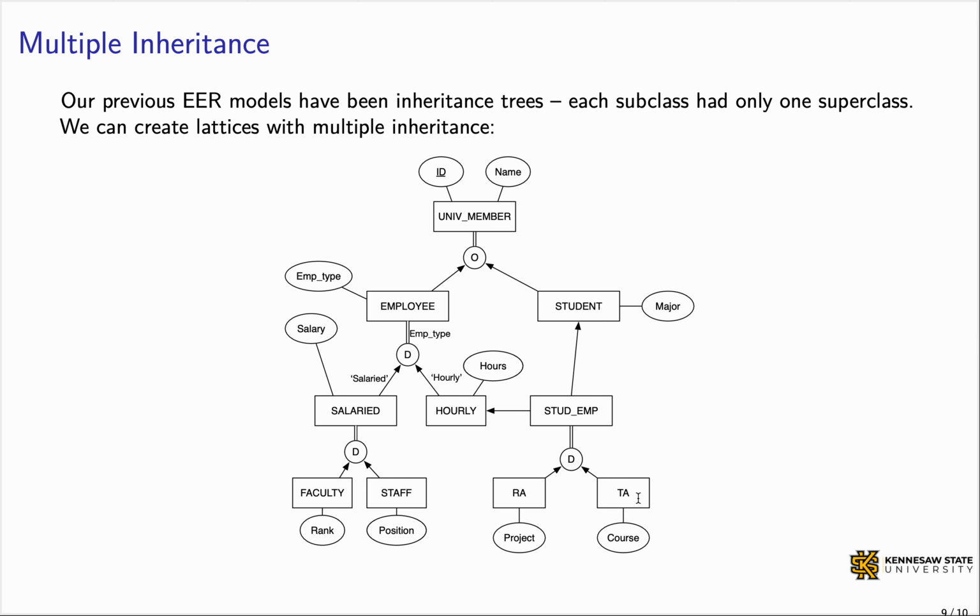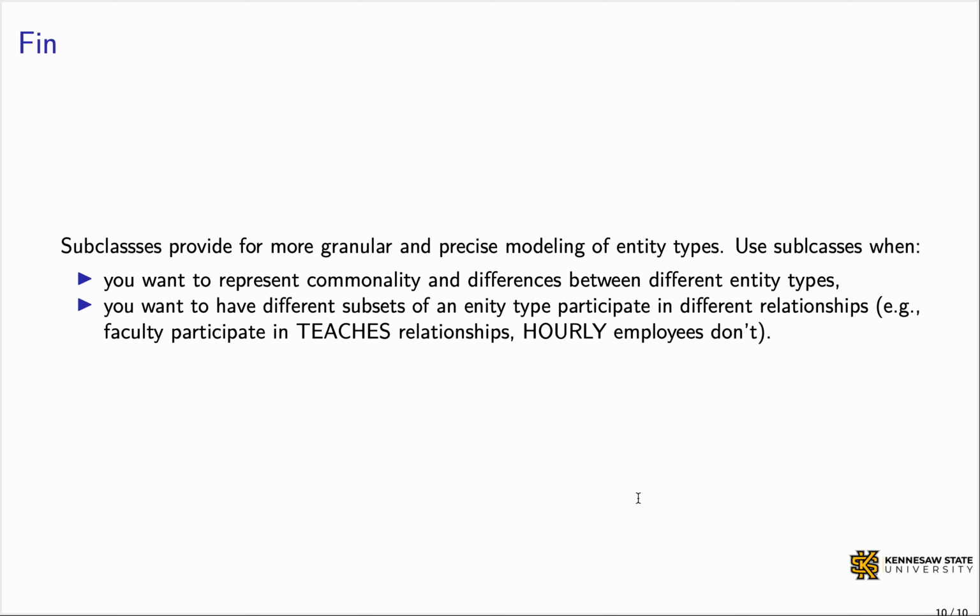All right. So there are lots of different ways that you can use inheritance to arrive at a very fine-grained model of your data. And so that's why you would use subtypes, so you can do more precise modeling. So when you have commonality between different entity types and differences, both, you can use subclasses to model that.